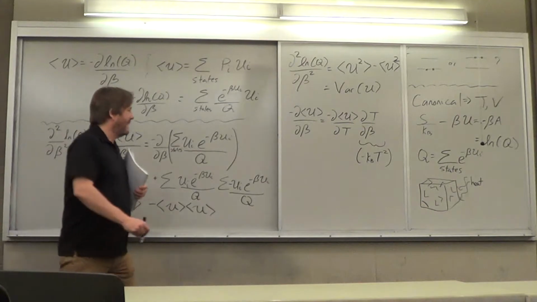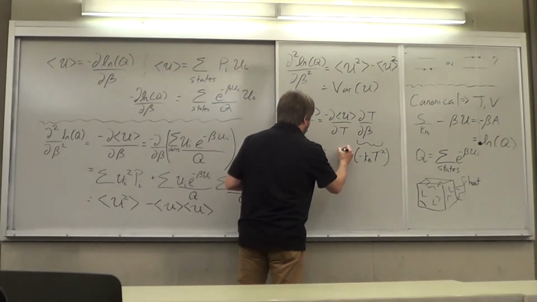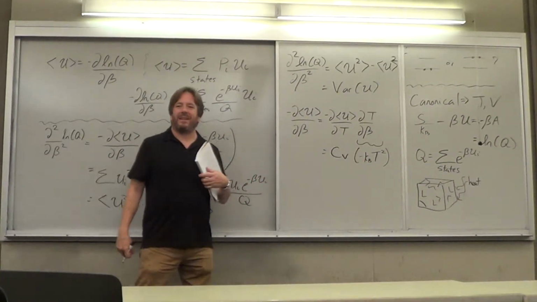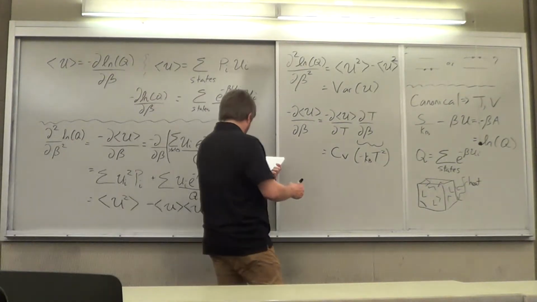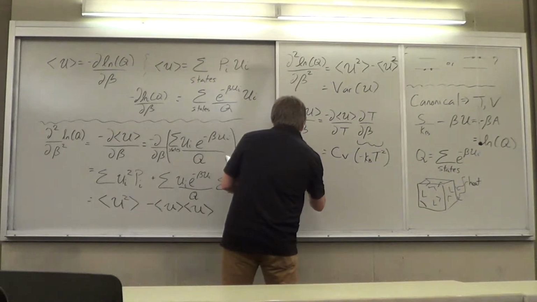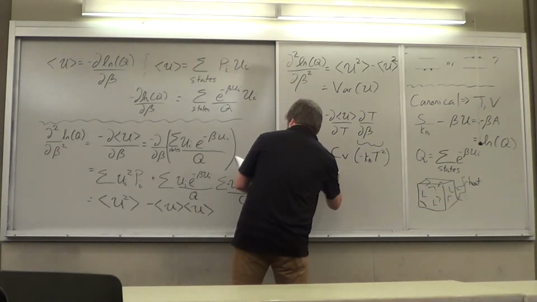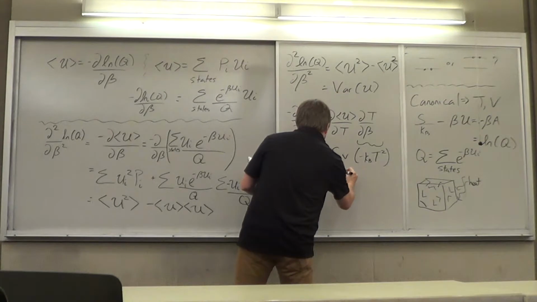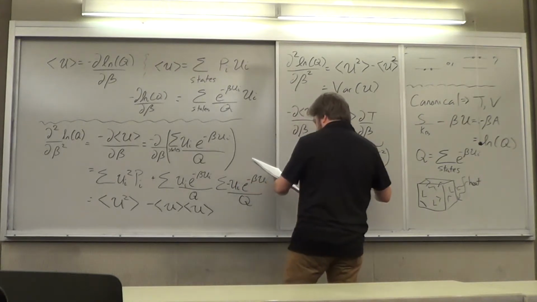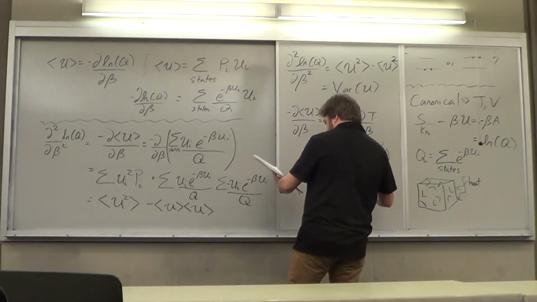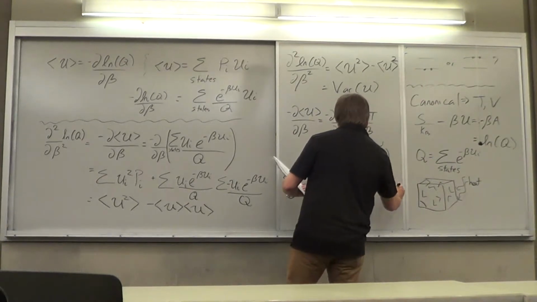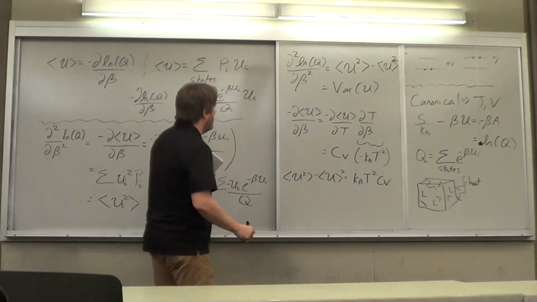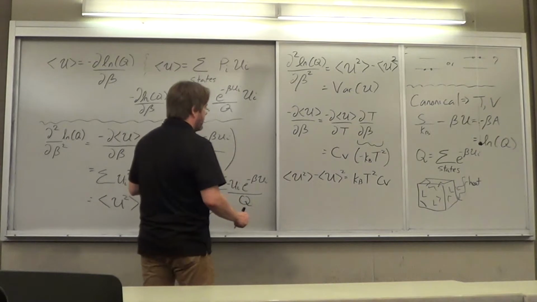I forget. It's one of those things I didn't cover because I didn't have time. Heat capacity, constant volume. So what did I just find? I just found that the variance in internal energy of a system is equal to... and I feel like I'm missing a minus sign somewhere.